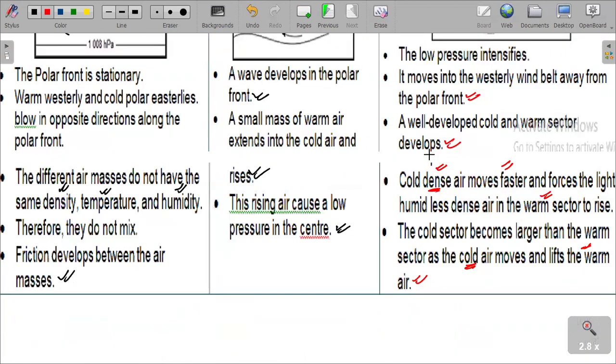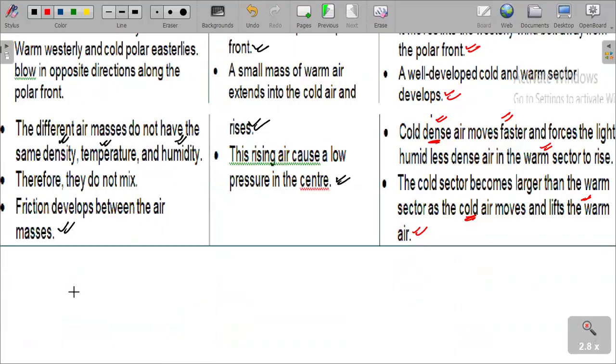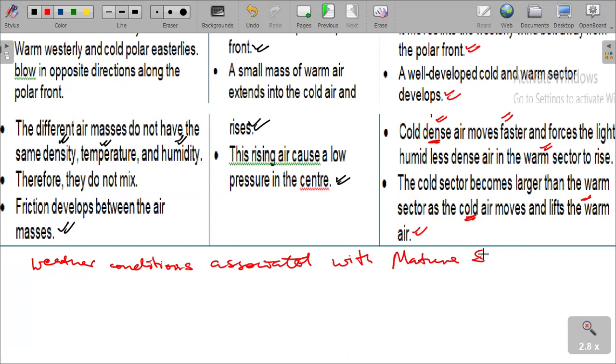Weather conditions associated with our stage three, or mature stage, in terms of the development of a mid-latitude cyclone.